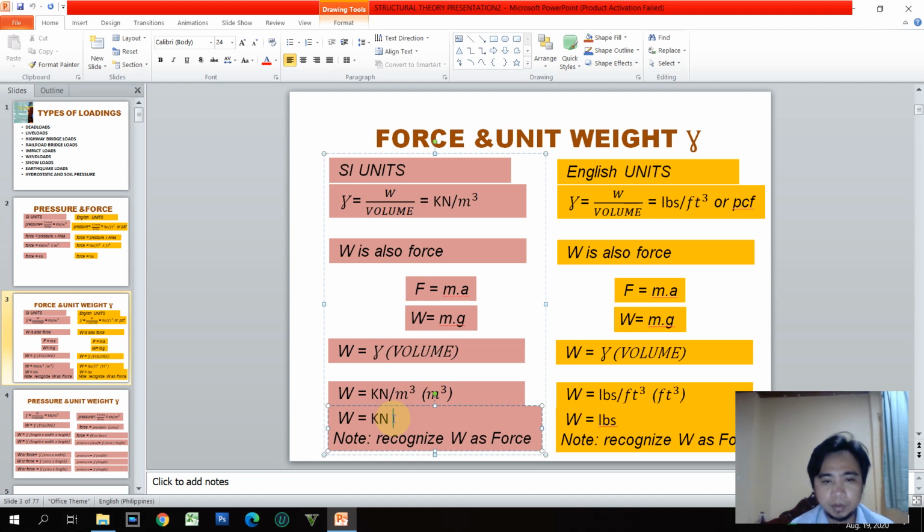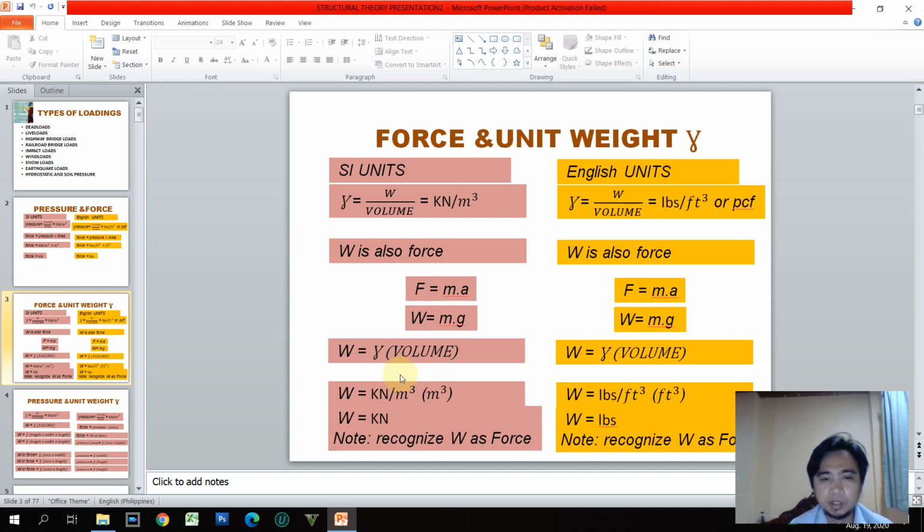Okay, so if you wanted to derive the weight of any material that is within the structure, of course it is so easy, because if we know the gamma, we'll just multiply it by the volume.